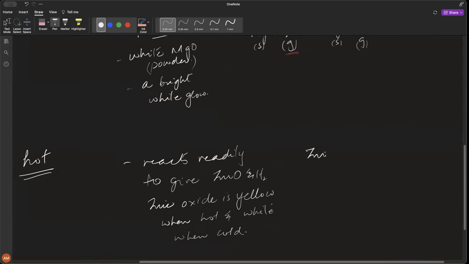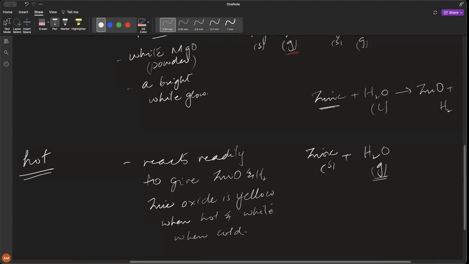Zinc solid with water. Here, is it water? No, this is steam, gas. This is important to see. They can ask you by making an equation like this: zinc plus water, with a liquid over here, and ask whether this is a correct equation. No, this is not a correct equation. Why?